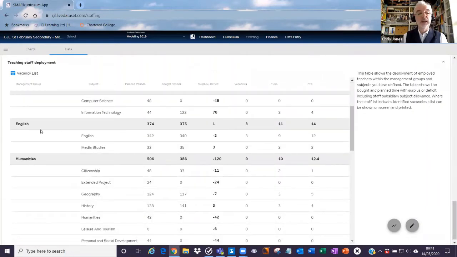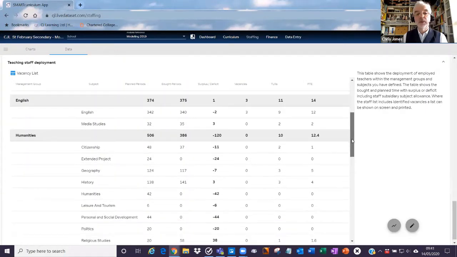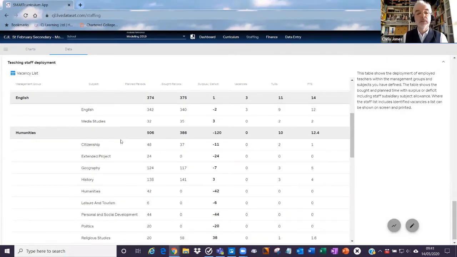So now we have the English and Humanities department, the two that we've just used that example. We've got our range of subjects which you've identified will be within your Humanities department or faculty, or however you describe it, and the English in that area.